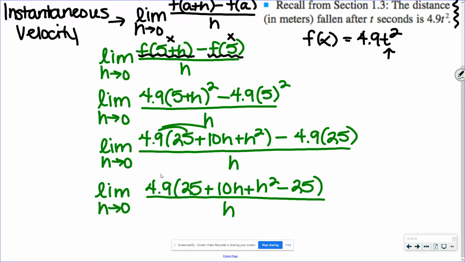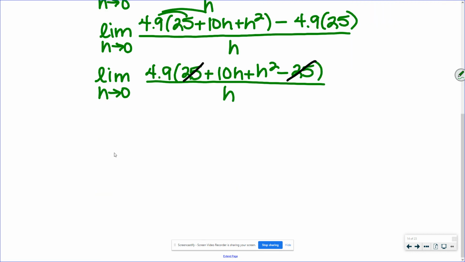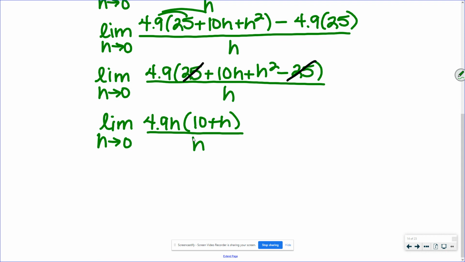And then when I do that, things start to cancel. 25 minus 25 is nothing, so take that out. I'm also going to take out an h from each of the terms I have left. So on the outside it will be 4.9h, and then 10 plus h in parentheses. I took out the h because I knew that it would cancel with the h in the denominator and give me a little more room.